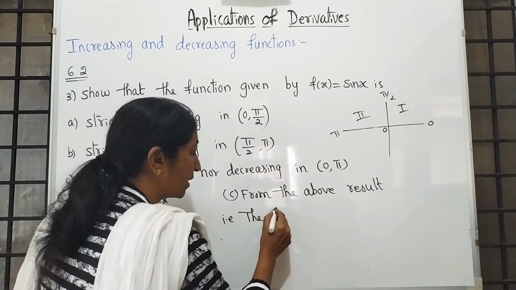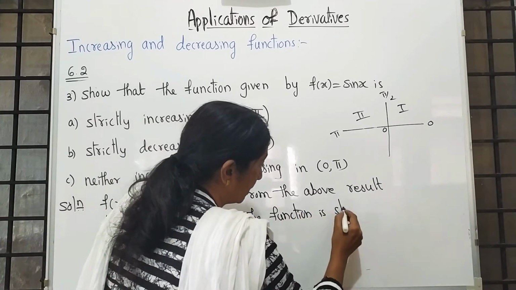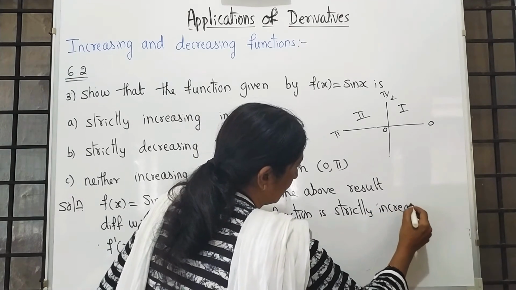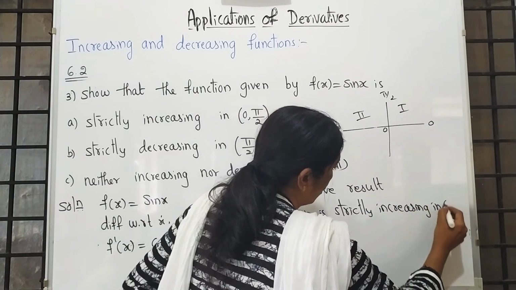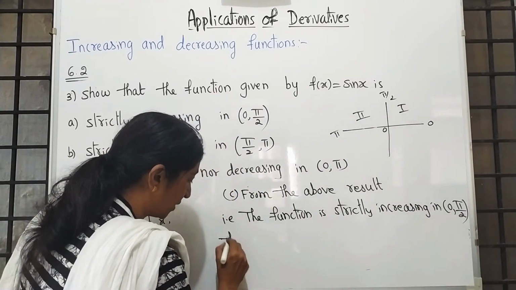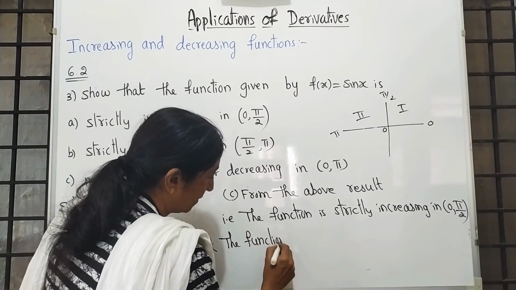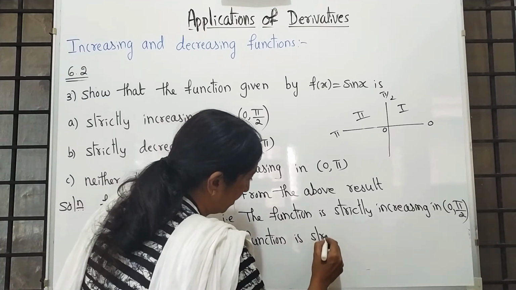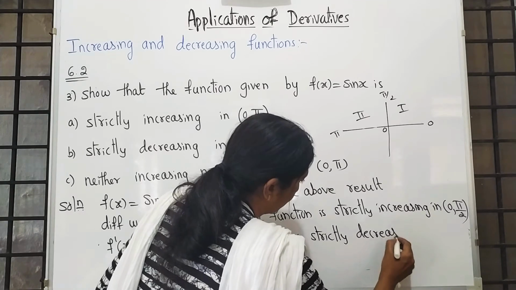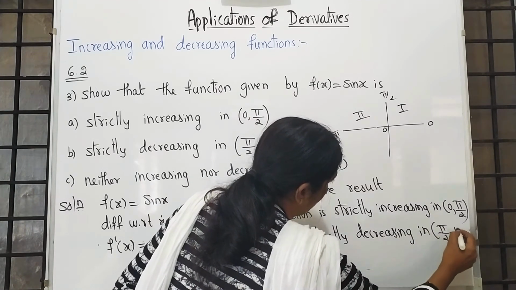The function is strictly increasing in 0 comma pi by 2, that is the first quadrant, and the function is strictly decreasing in pi by 2 comma pi, the second quadrant.